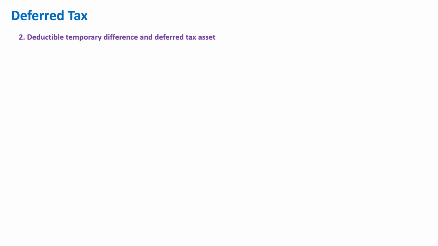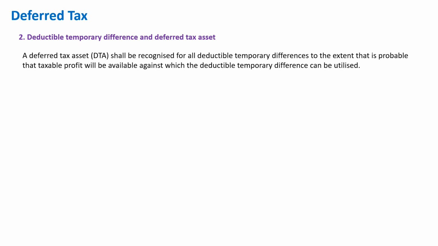Coming to the second scenario, deductible temporary difference and deferred tax asset. A deferred tax asset shall be recognized for all deductible temporary difference to the extent that it is probable that taxable profit will be available against which the deductible temporary difference can be utilized. So here you have to be careful before recognizing the DTA. The company should have good projections about the future inflows or future economic benefits.